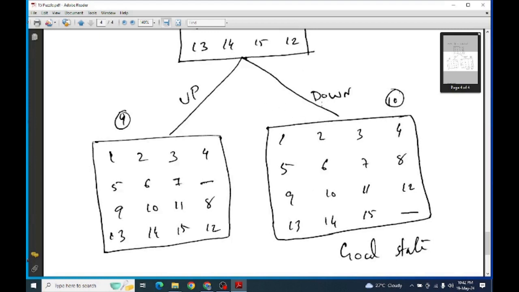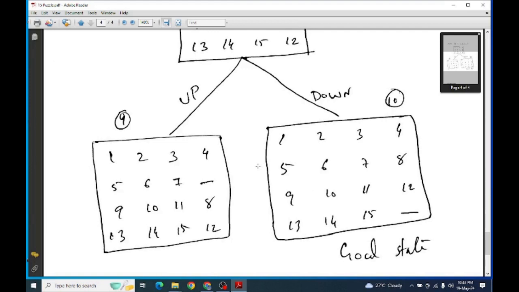So only up and down. Here moving this empty space down will give you the goal state. Okay, this way you can solve the 15 puzzle problem using the branch and bound technique, LC search.